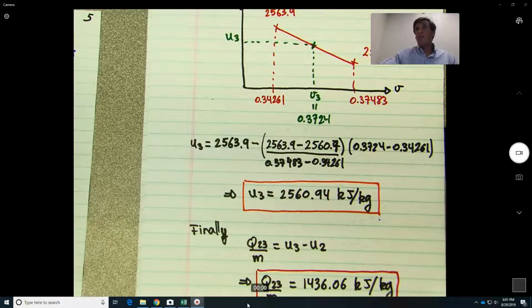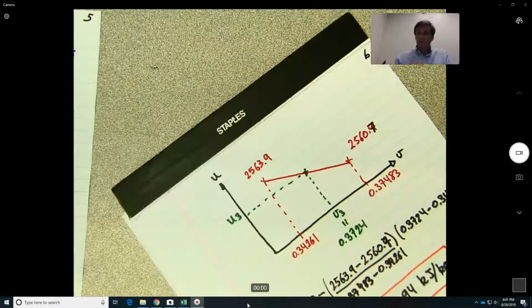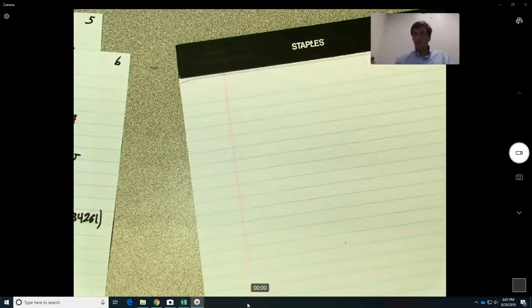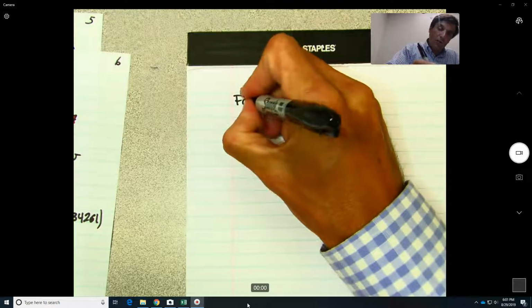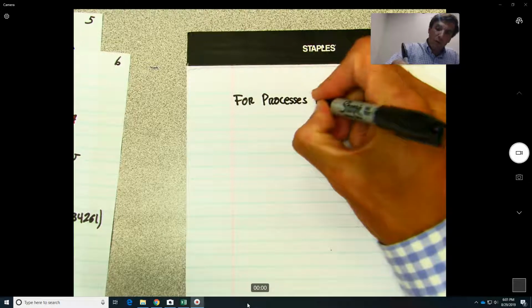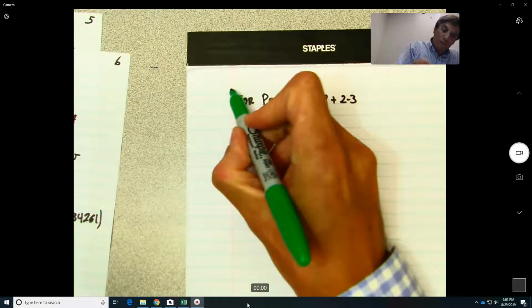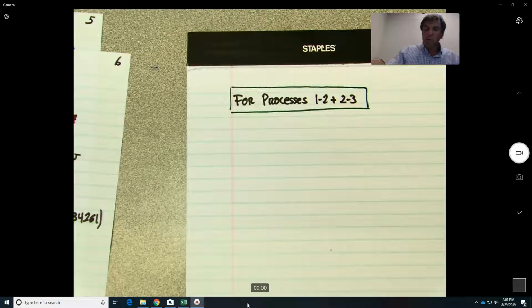Alright, so to answer the question of the problem, basically they ask us what is the work and the heat transfer for the whole process. So for processes 1-2 plus 2-3, what do we have?